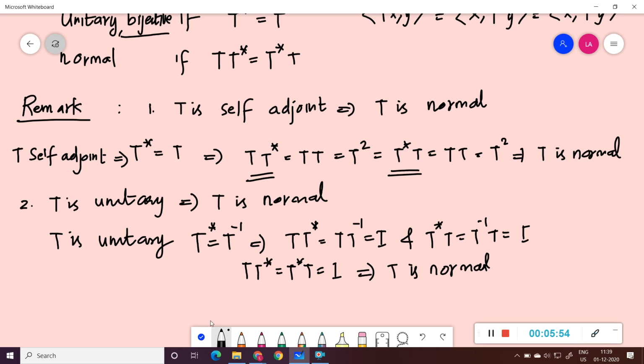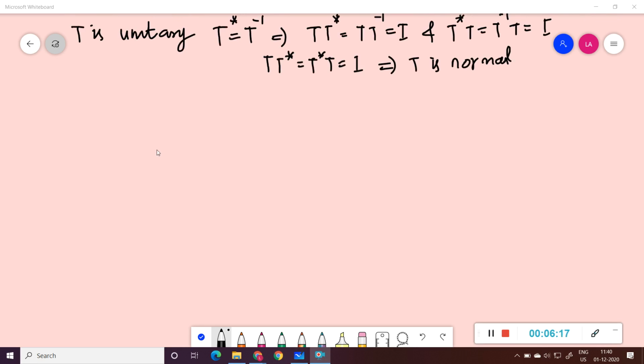So we need a particular example which establishes that T normal need not imply T is self-adjoint or T is unitary. So we will give a particular example for that. The converse need not be true.